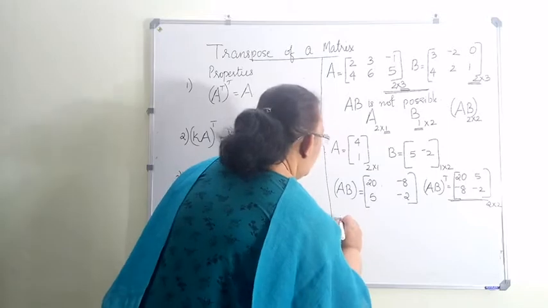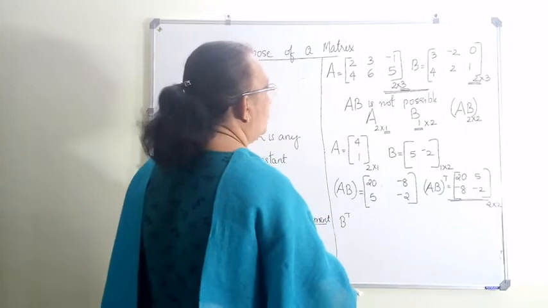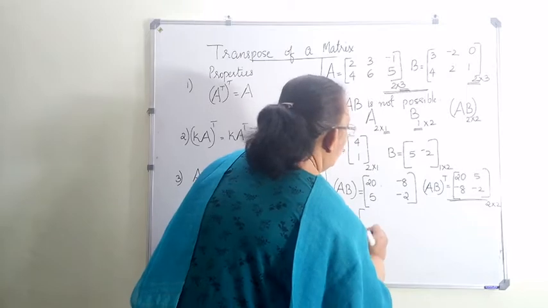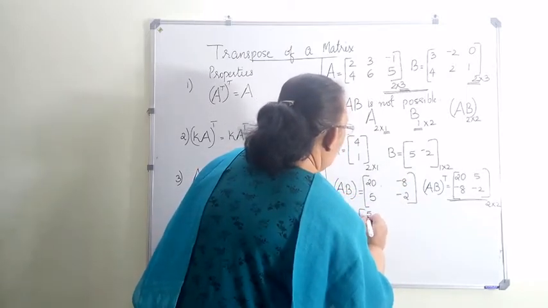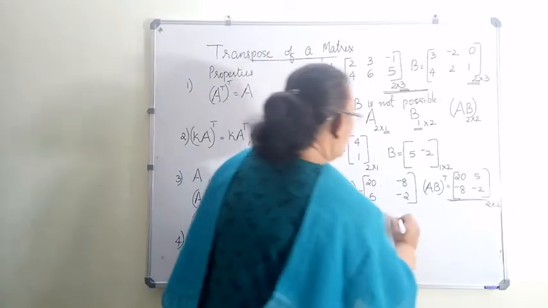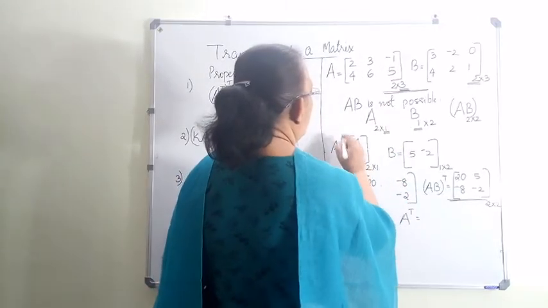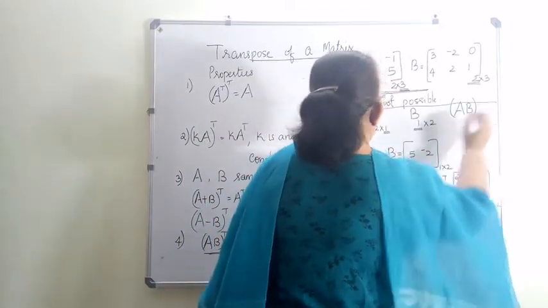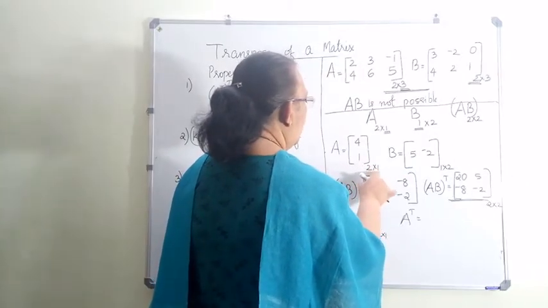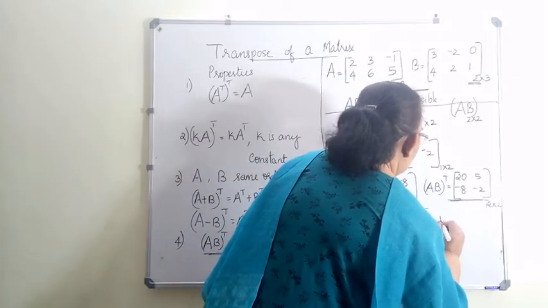Now, let us consider B transpose. What is B? 1 by 2. So, B transpose will be 2 by 1: 5, minus 2. And A transpose, A is 2 by 1, so it will be 1 row and 2 columns.